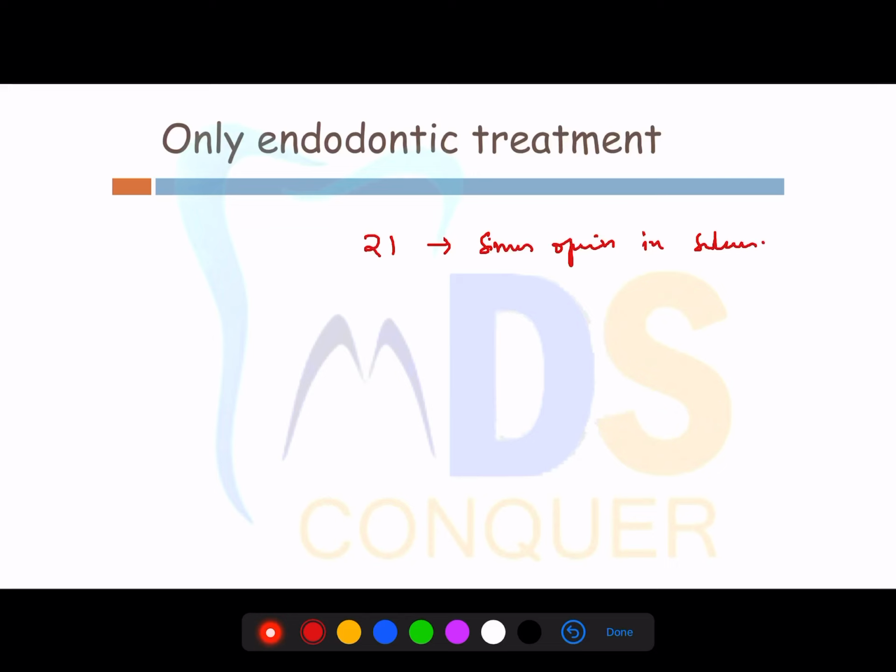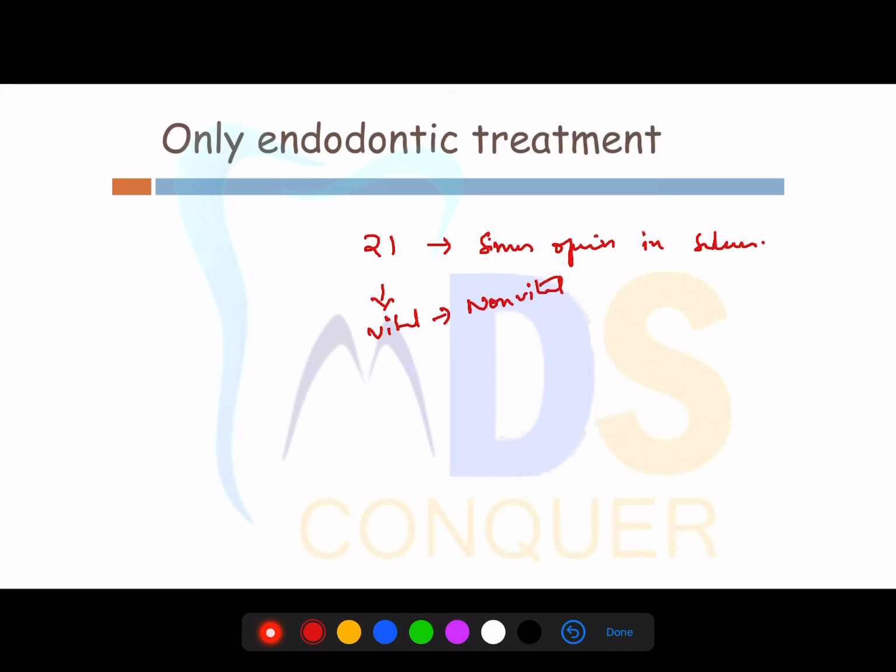Take a gutta-percha, keep it in the sinus opening, and you can trace it. If it is going towards the periapical area, then you have to check the vitality of the tooth. Mostly the tooth will be non-vital, right? So it's an endodontic lesion.